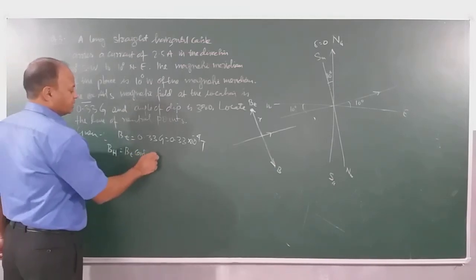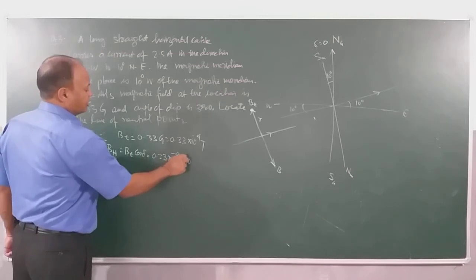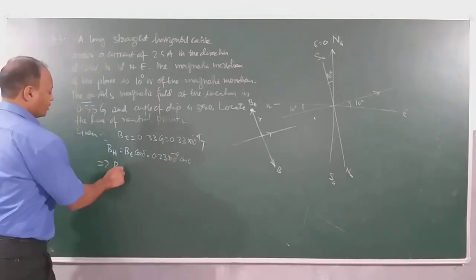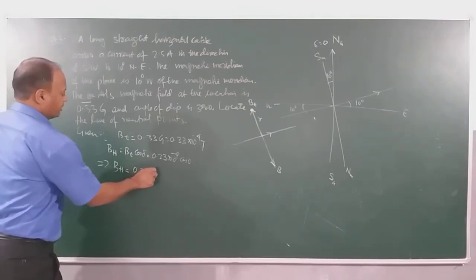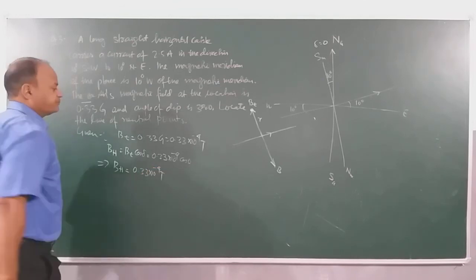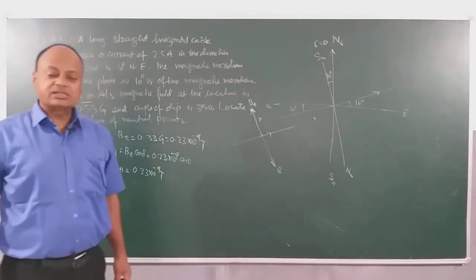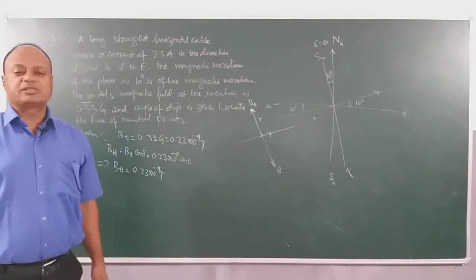So B is 0.33 into 10 power minus 4 cos 0. And cos 0 is 1. So we get BH equal to 0.33 into 10 power minus 4 Tesla. And you know the criterion of a neutral point is that the magnetic field at a given point is equal and opposite to the horizontal component of Earth's magnetic field.